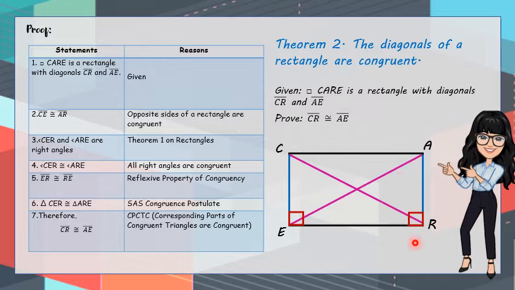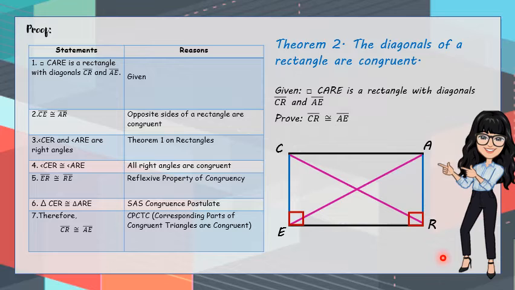So they are just equal or congruent. We will be using the reflexive property of congruency for the reason. If we were using an equal sign, we would say reflexive property of equality. But since we are using congruency, we say reflexive property of congruency.